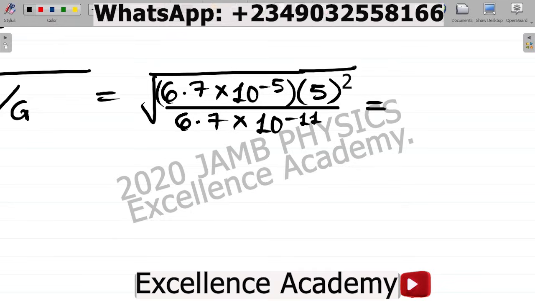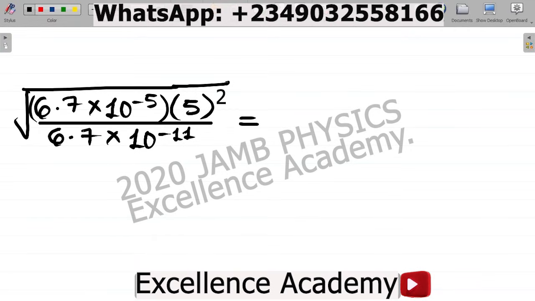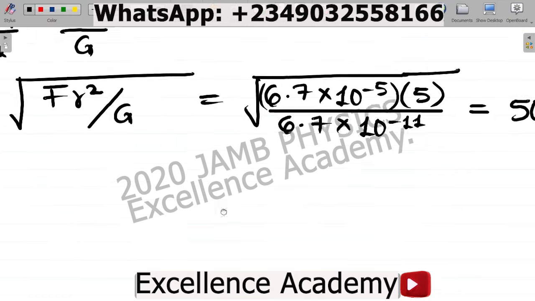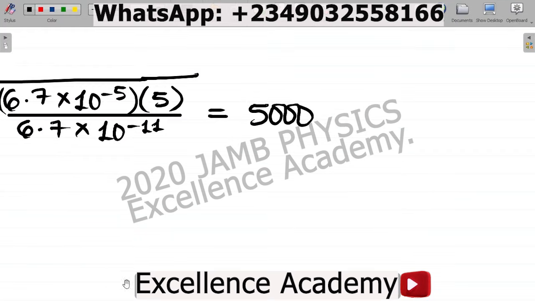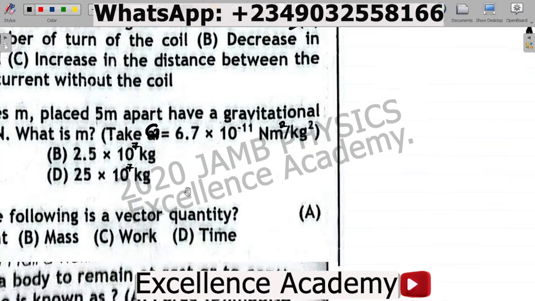Please punch correctly. If you punch this correctly, your value would be 5,000. And we're measuring M. M is mass in kilogram. So my answer here should be 5,000 kilogram. That's the value of M.